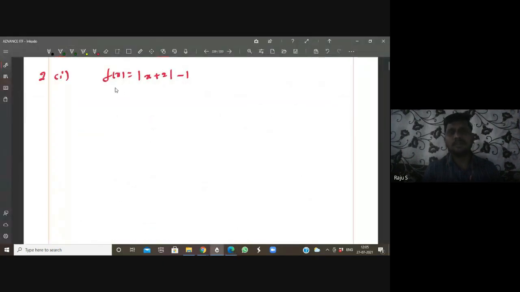See here, clearly we know that modulus of x plus 2 is greater than or equal to 0. But here the given function is modulus of x plus 2 minus 1.